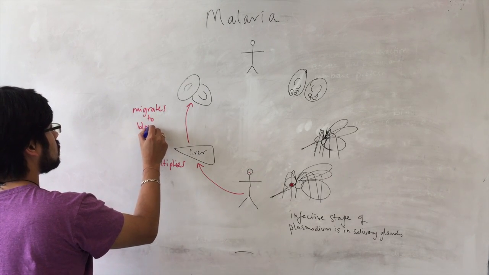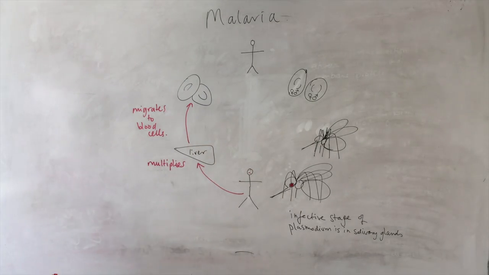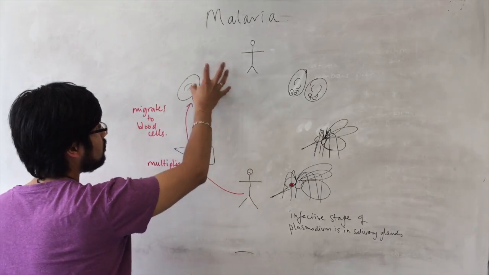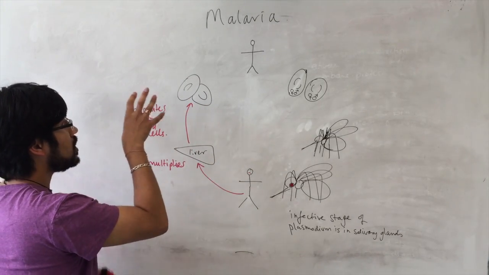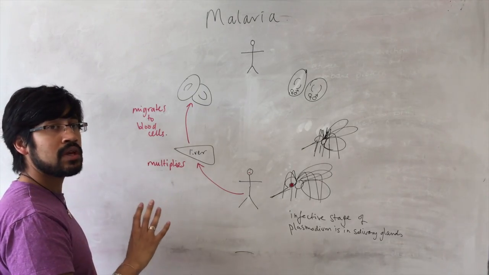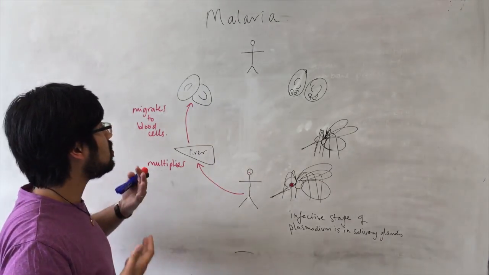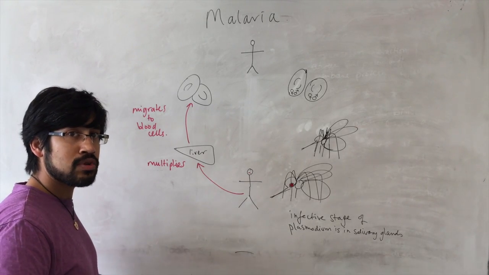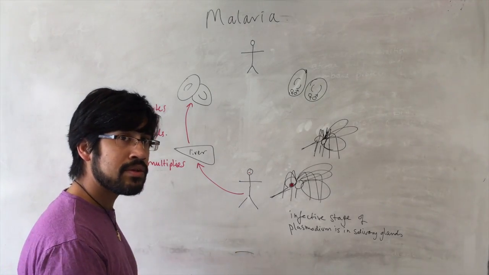to blood cells. Okay, now it's this effect on the blood cells. So they multiply a lot in the blood cells, and they can cause the red blood cells to burst. It causes fever as the body puts lots of energy into producing more red blood cells.